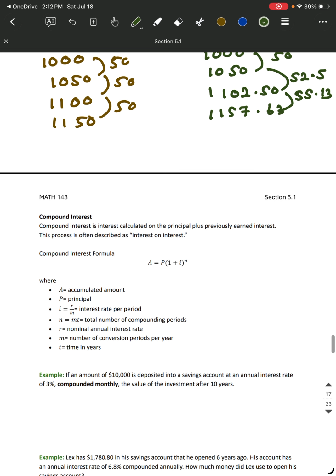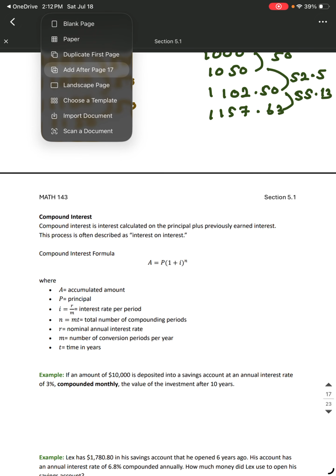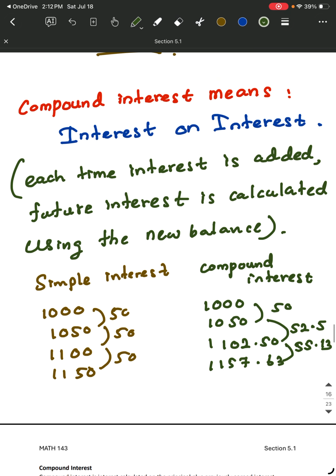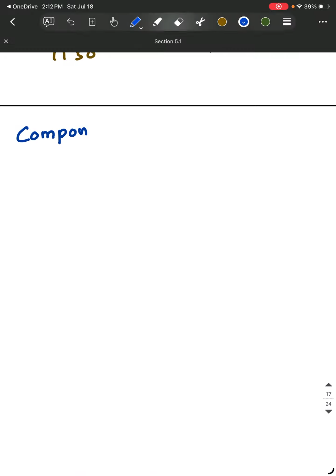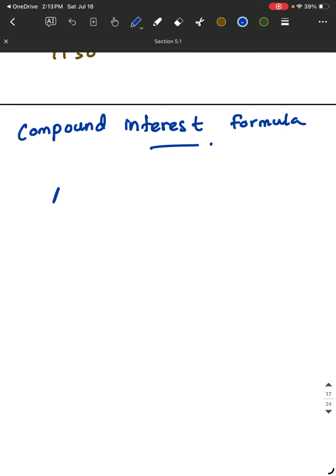The compound interest formula here: A equals P times 1 plus R over M to the power MT. So let's explain every symbol here.